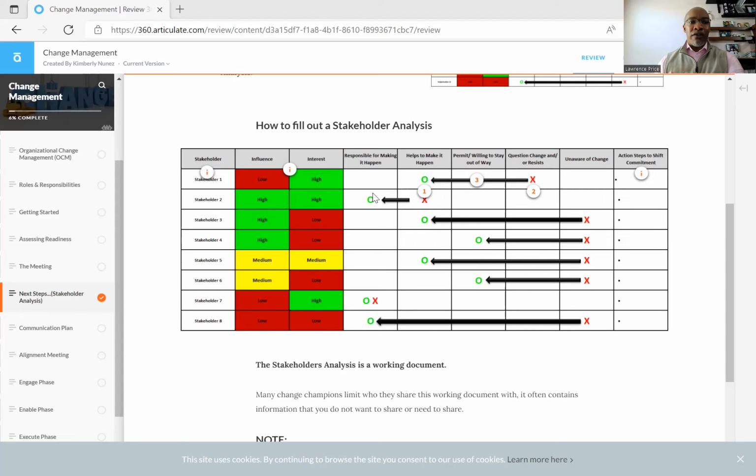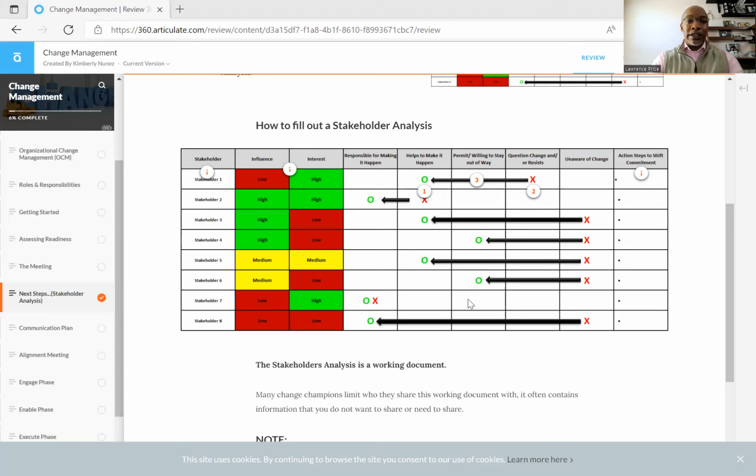They're almost fighting with you on leadership of the project, when you actually need them more just helping to make it happen, or just permitting and allowing it to happen. So you have to think about what things you can do to help this stakeholder shift their level of commitment downward a little bit, in order to allow the project team to do some of the work they've been commissioned to do.